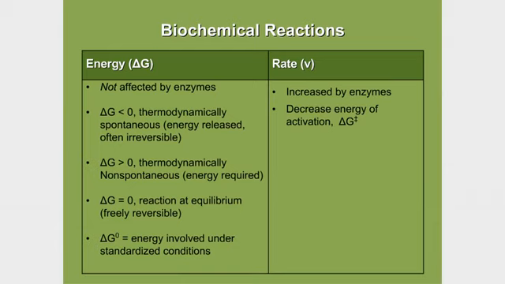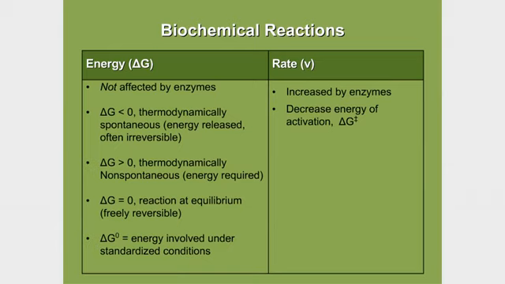So the idea here on this table on the left side, when a delta G is less than 0, it means it will happen, but it might be too slow by itself. When a delta G is greater than 0 of a substrate making a product, that means it will never happen unless energy is supplied. When a delta G is equal to 0, it means it's in equilibrium. When a delta G 0, that's under standardized conditions, that's not that important.